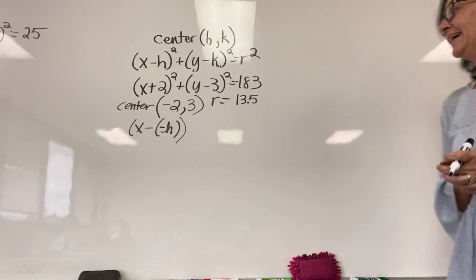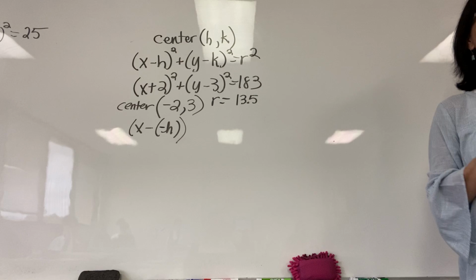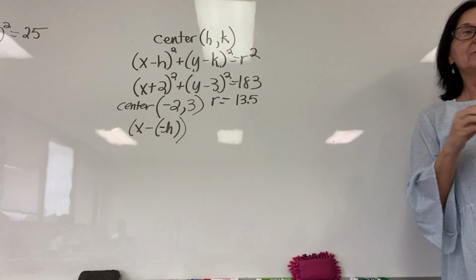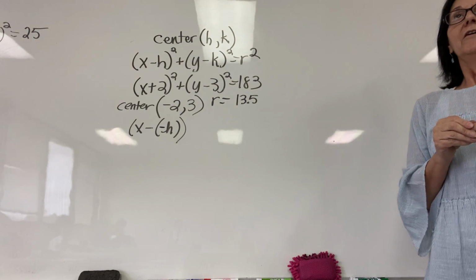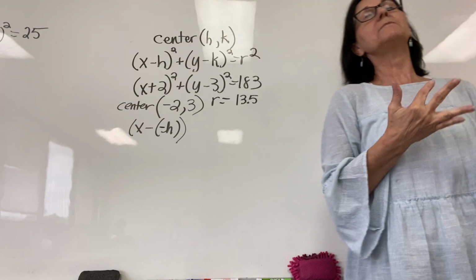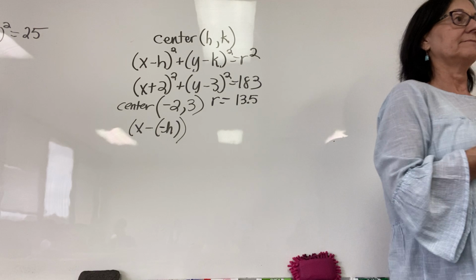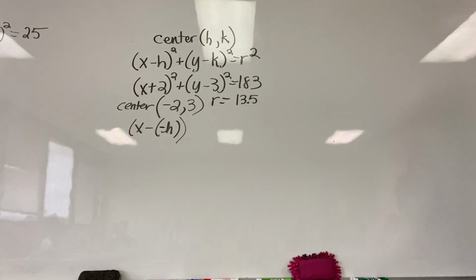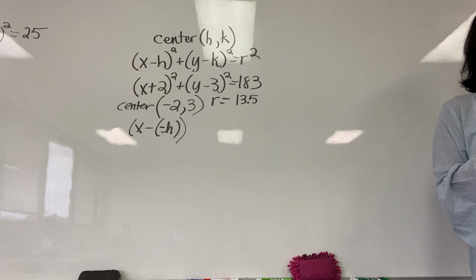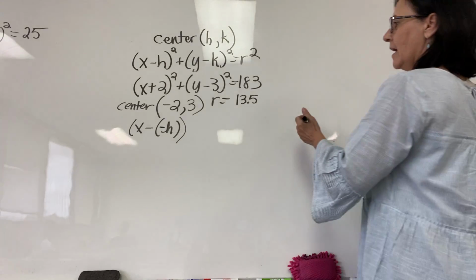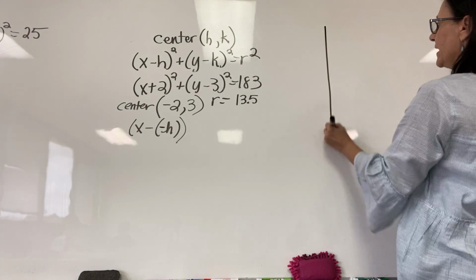For circles, ellipses, and hyperbolas, it's always opposite, opposite. Not so with parabolas. Okay? All right. So it's -2, 3.